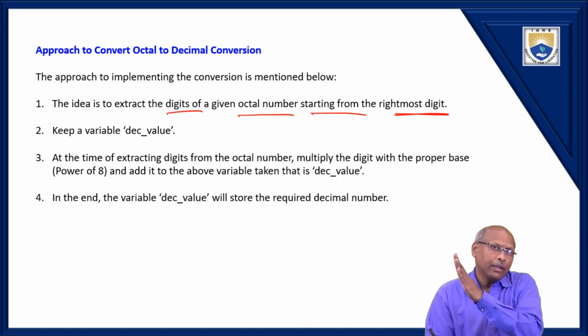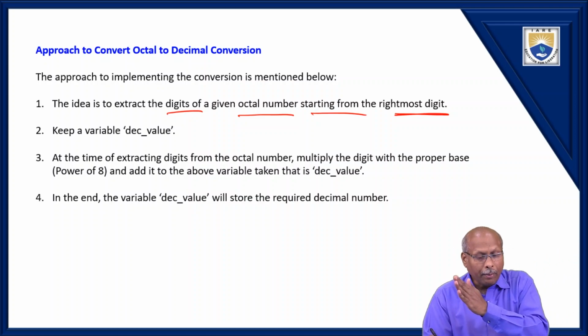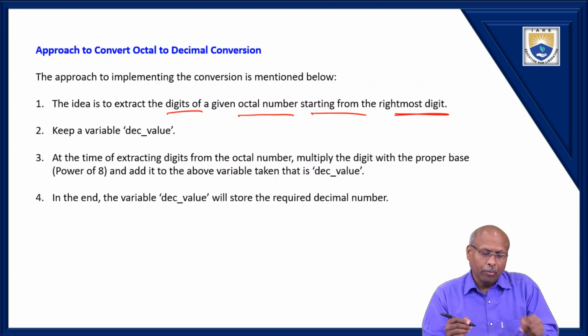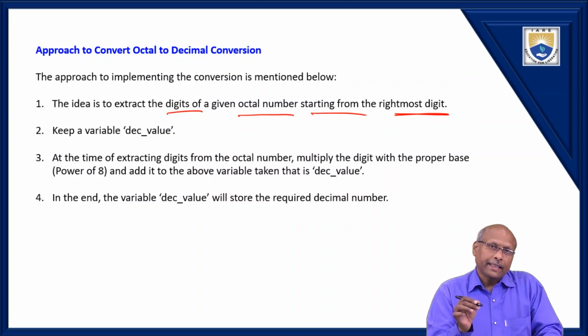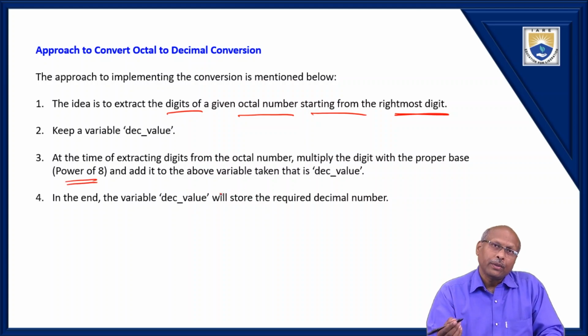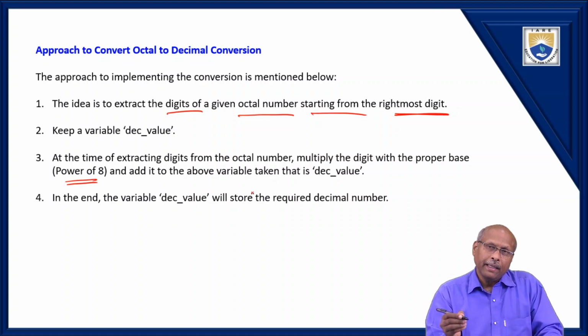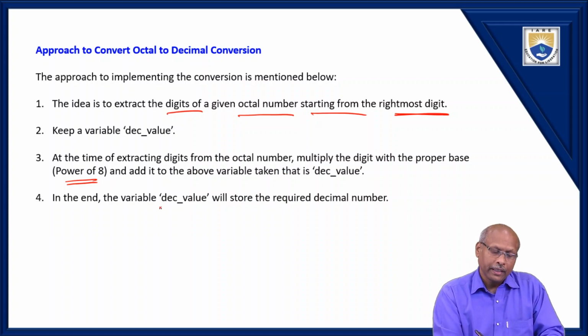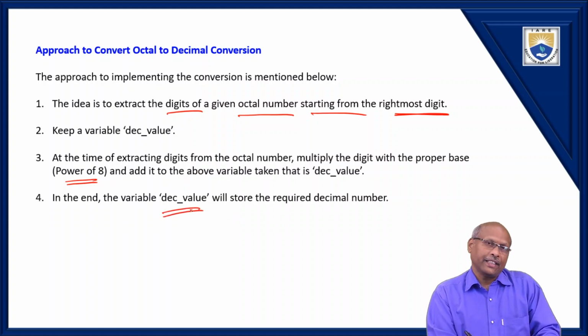In the string, I will go from right to left, extract each digit, multiply it with its proper base, a power of 8, and add that value to the decimal value. Keep on traversing like this. When you reach the end, the decimal value is your exact result.